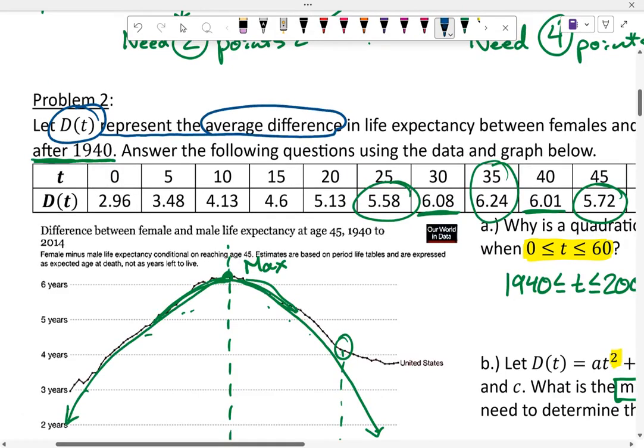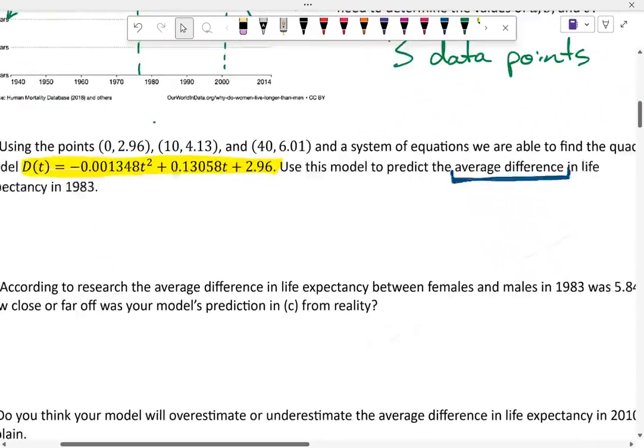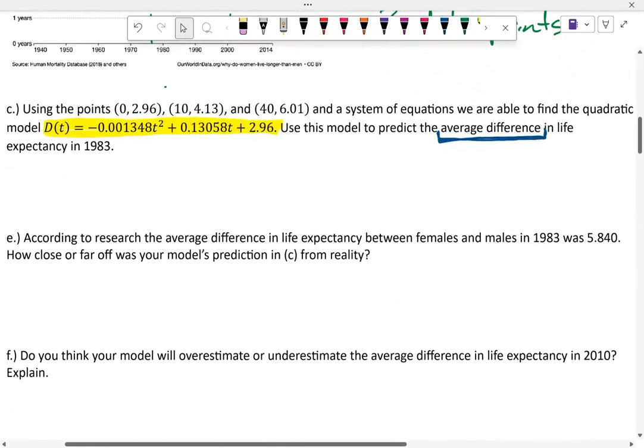There it is. So what is average difference? D of t. So they're saying use this model to predict the d of t in life, so the average difference in life expectancy in 1983. To find d of t, 1983, I need to know what t is.